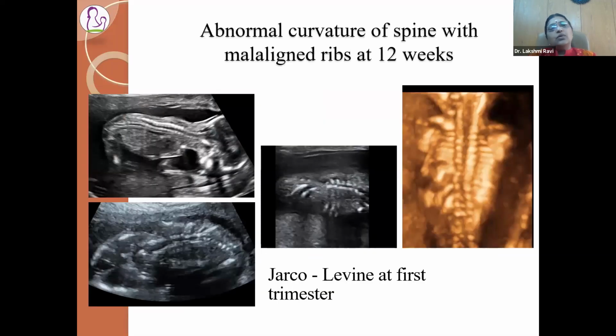So the same thing, now the world is moving towards early detection of anomalies. So whatever I showed you in the mid-trimester, can we see it in the 11 to 14 weeks scan? See, at 13 weeks when you do the spine, it looks a little up and down. The curvature of the spine is not very normal. And then when I just turn and do the coronal section, obviously you see the ribs are not very much aligned with each other.